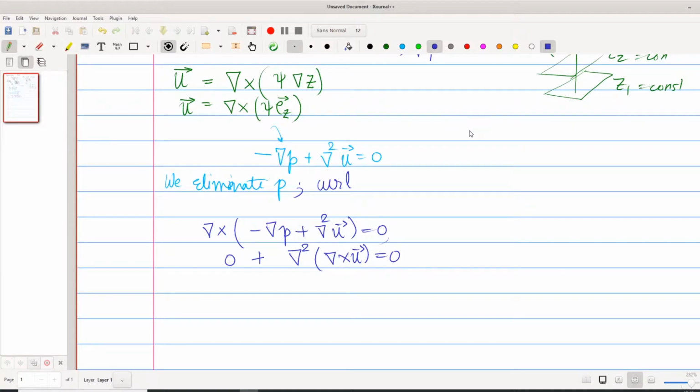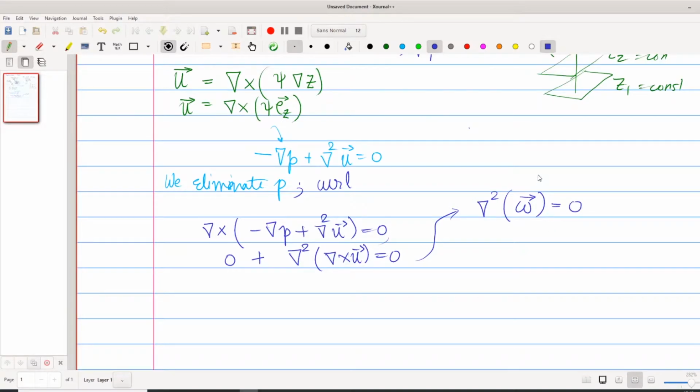It is identically 0. So it is the Laplacian of vorticity, which is equal to 0.